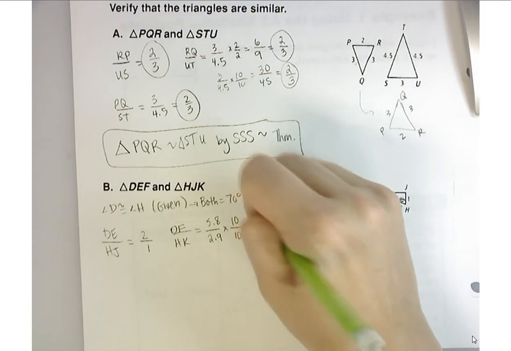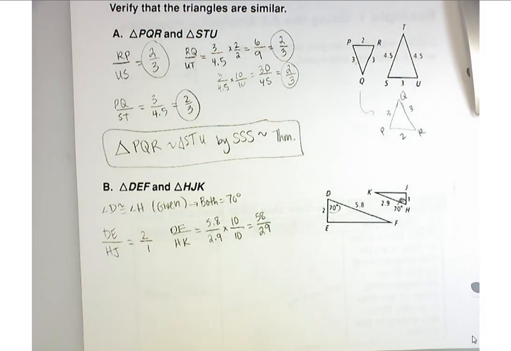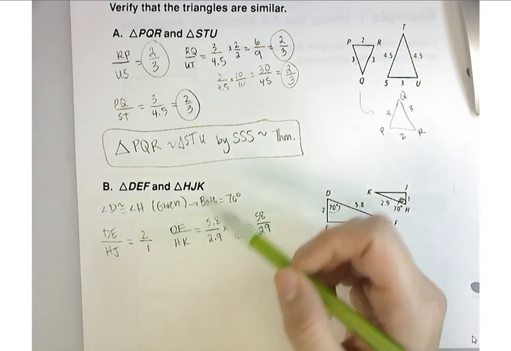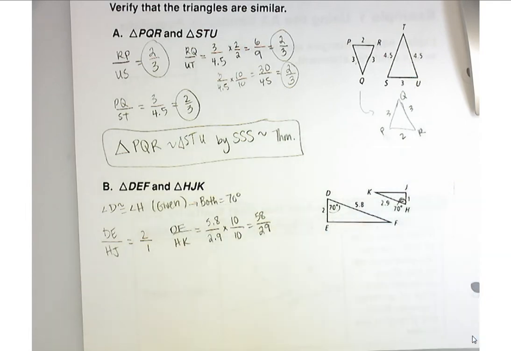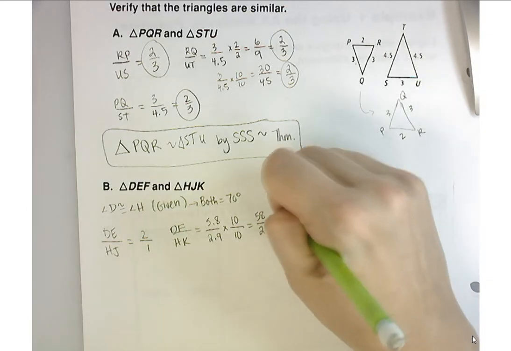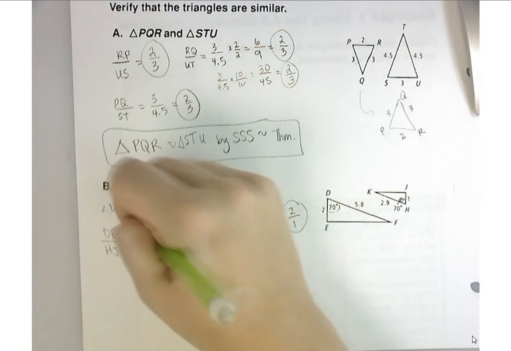So you'd have 58 over 29. Okay, now remember we're trying to prove that this is 2 over 1 or else they're not similar. What is 29 times 2? 58, right? Because 30 times 2 is 60, and then if you subtracted 2, so this would be 2 over 1.